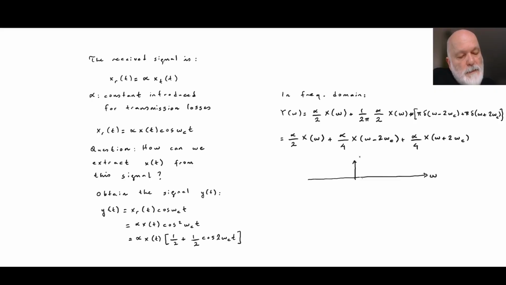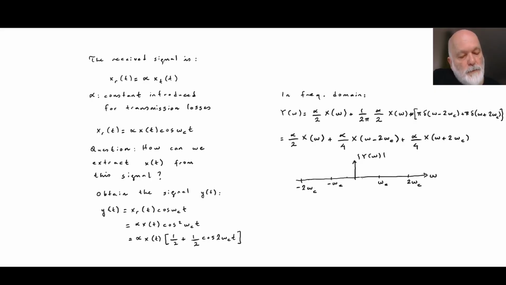So this is the magnitude of Y of omega. We have minus omega c, where omega c is the carrier frequency, and then we have 2 omega c and minus 2 omega c.